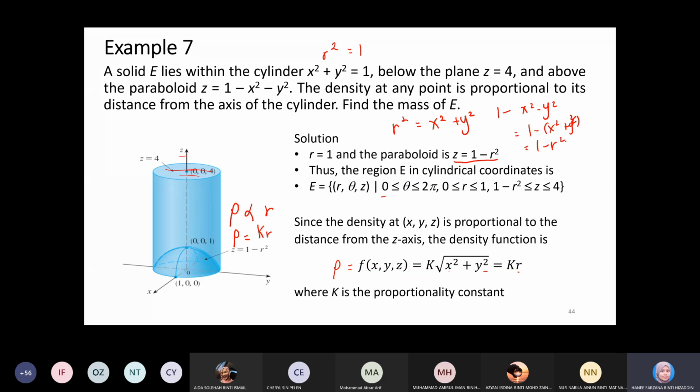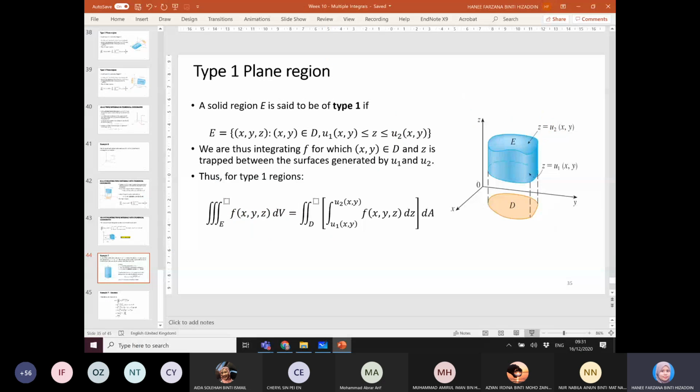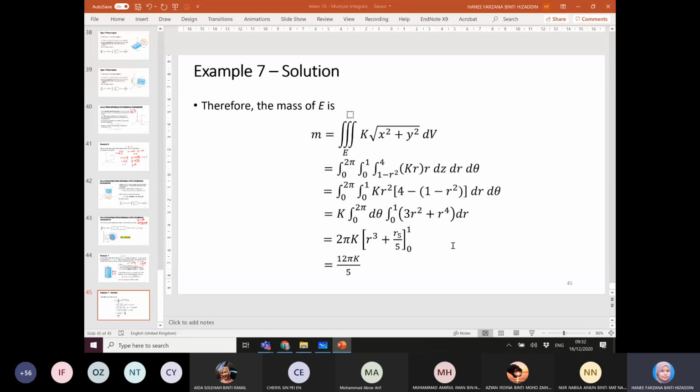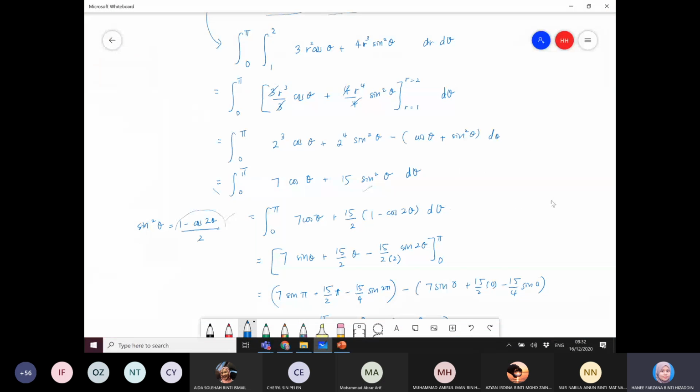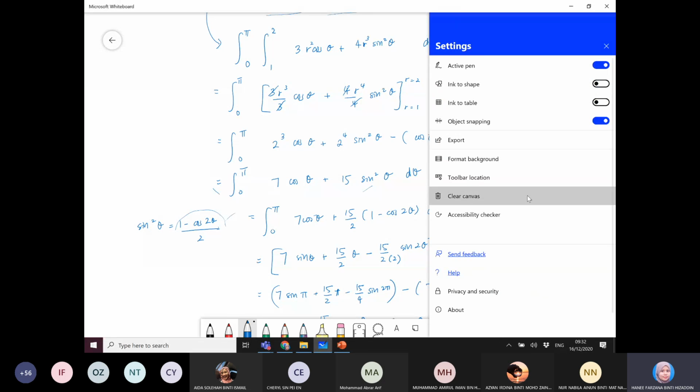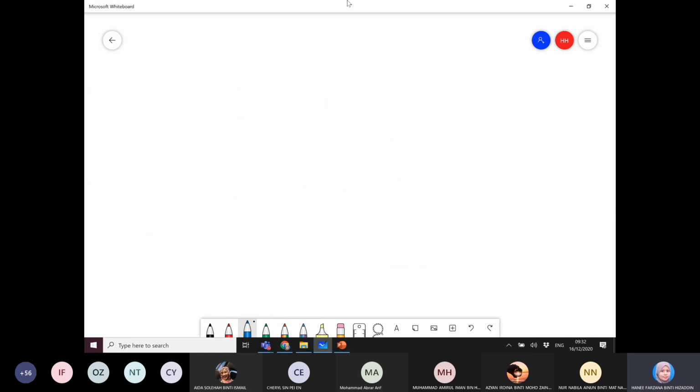Now let's do the integration. Your function f of x, y, z equals k r.